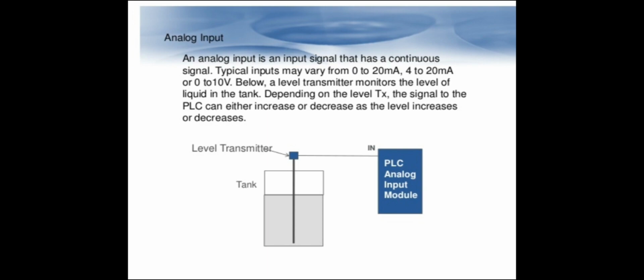Below, a level transmitter monitors the level of liquid in the tank. Depending on the level of the tank, the signal to the PLC can increase or decrease as the level increases or decreases. It depends upon the input, and it is continuous. It is not on-off, it is an analog type input.